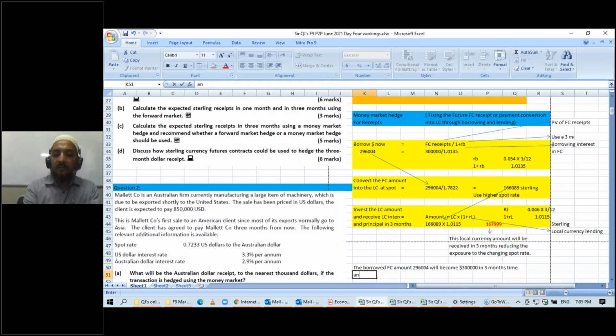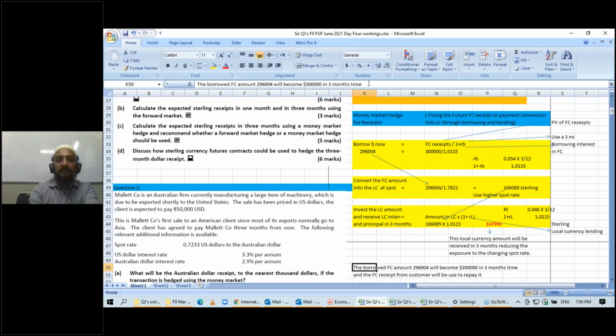And the expected foreign currency receipt from the customer will be used to repay it, in 3 months time with interest, right?